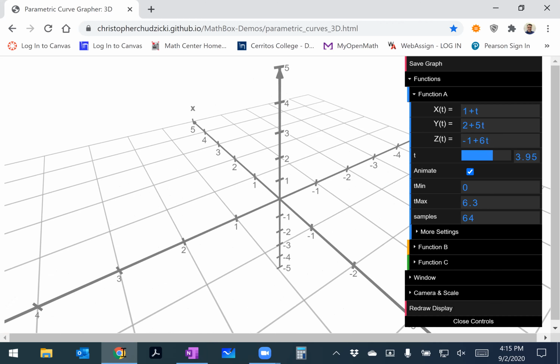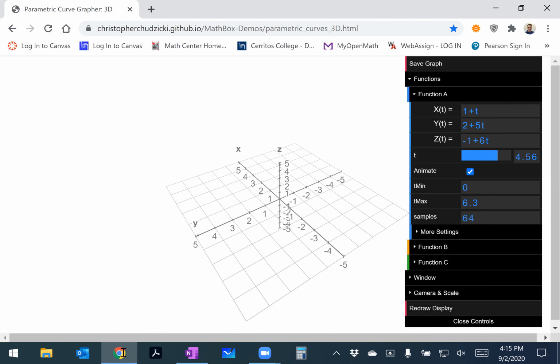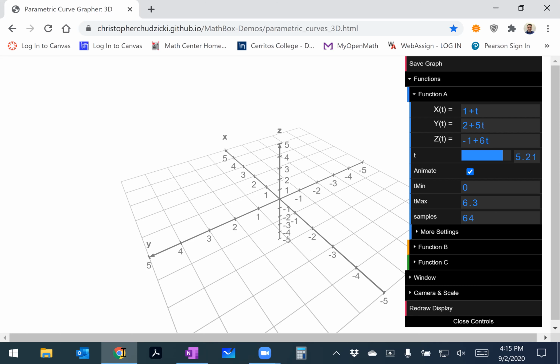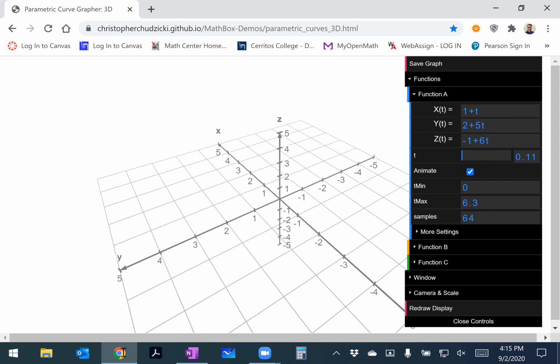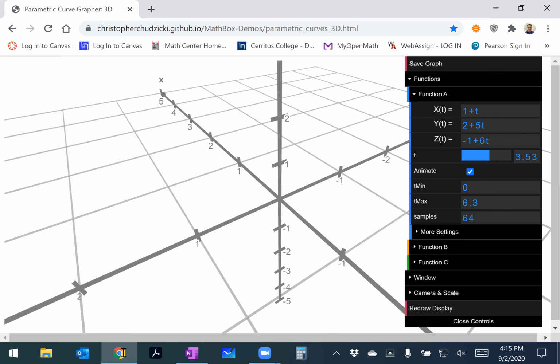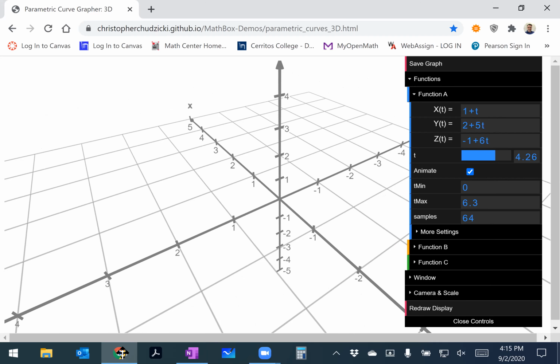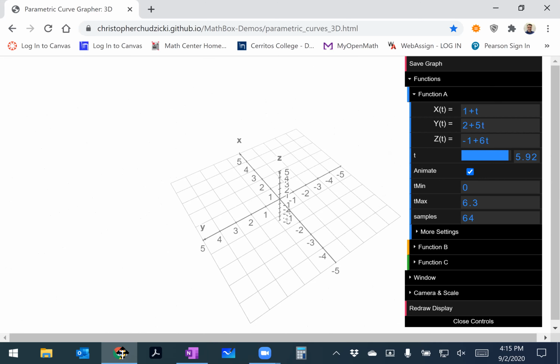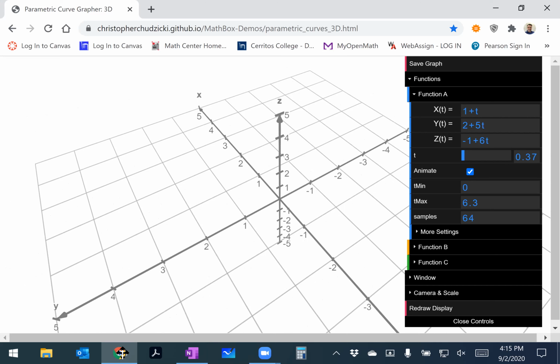Does this graph it for me or no? Where's the point 1, 2, negative 1? It should be right here.